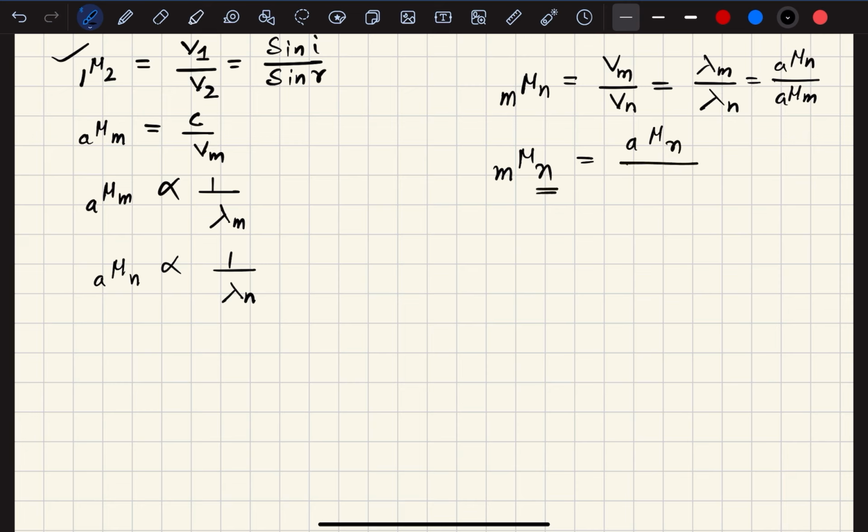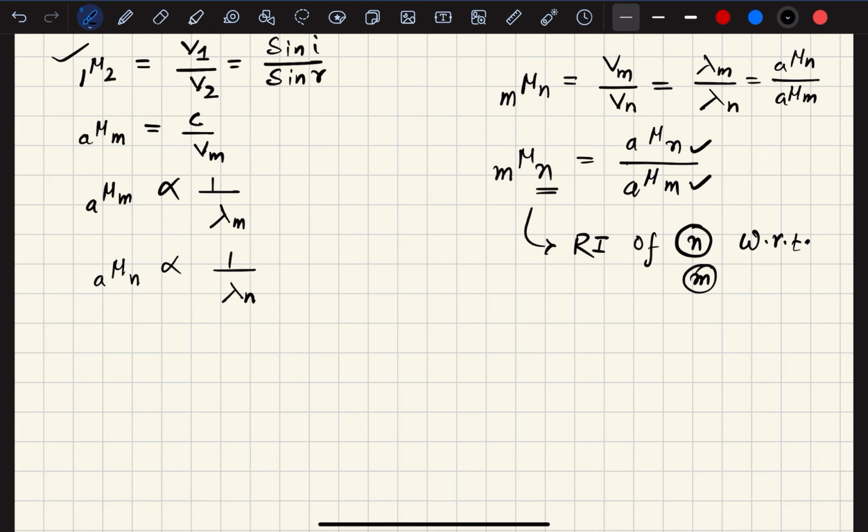Then you have to write the absolute refractive index of the medium from where the light is coming, and that is why it is called refractive index of n with respect to m. That is why m is coming in the denominator. Okay, I hope you have understood it.